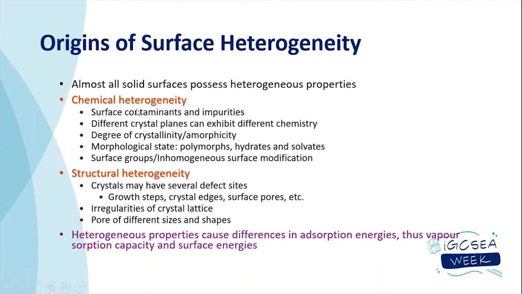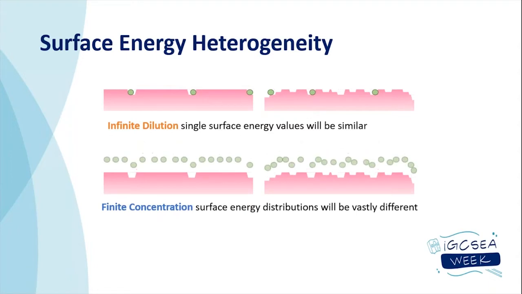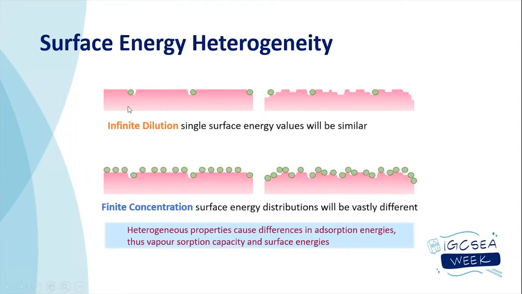If I have a little cartoon, and this is just for visual information, not actually how it would look, these two surfaces might look fairly similar at infinite dilution because they're dominated by the most energetic sites. But if we can do a range of concentrations, we get a much broader, more diverse and fuller picture of the surface.